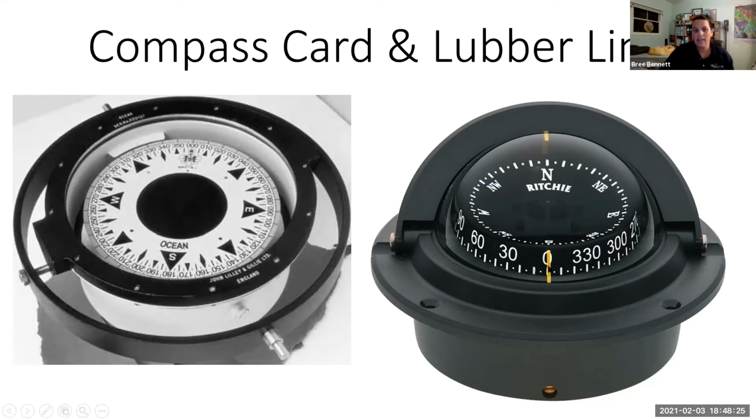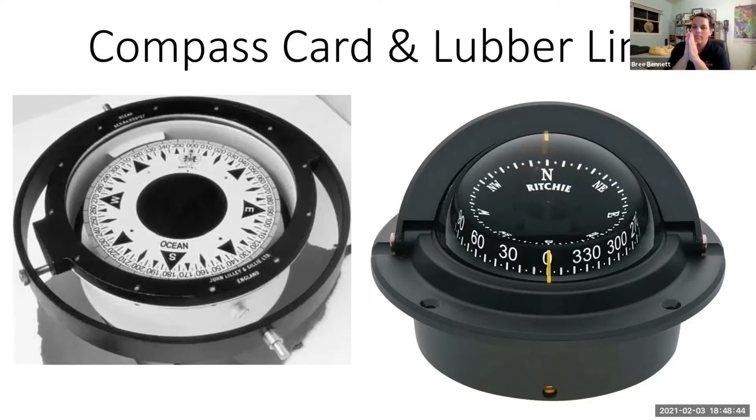Okay, so yes, that compass card is what's floating in that liquid. And then the lubber line is what's on the outside, and that's in line with the center line of the vessel.